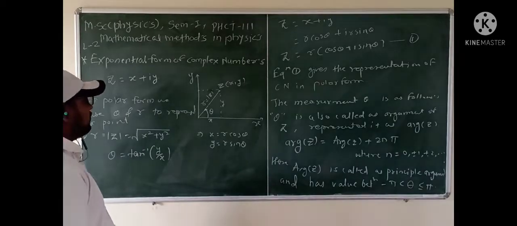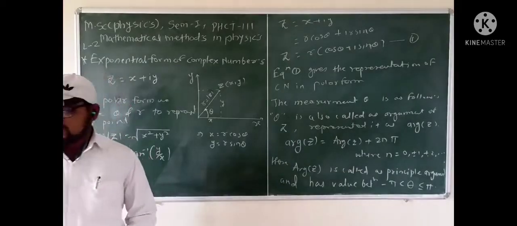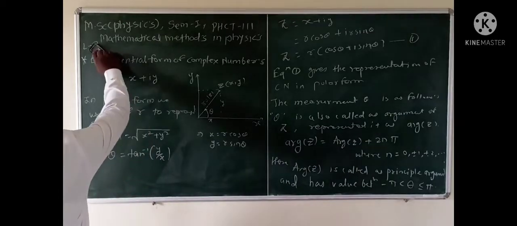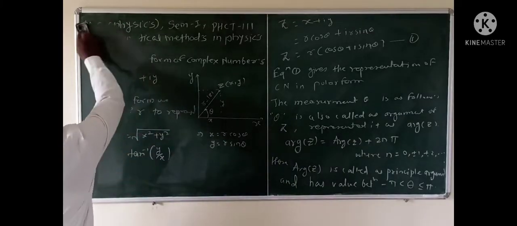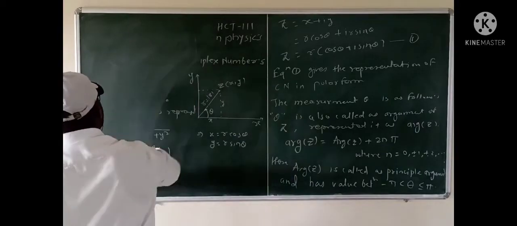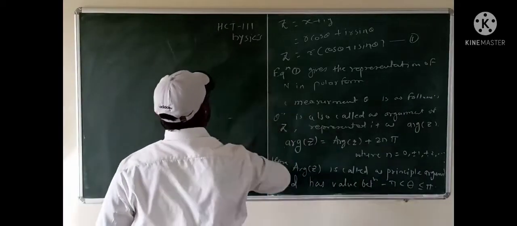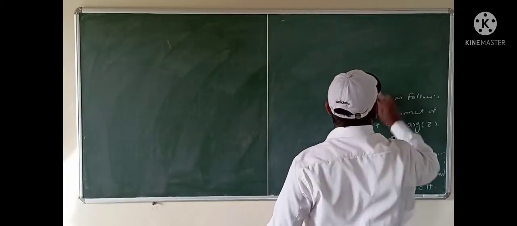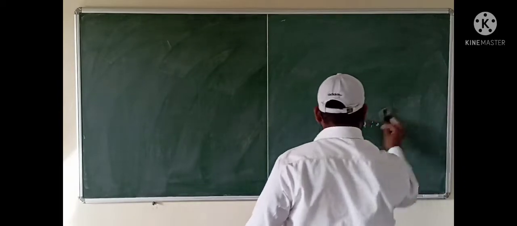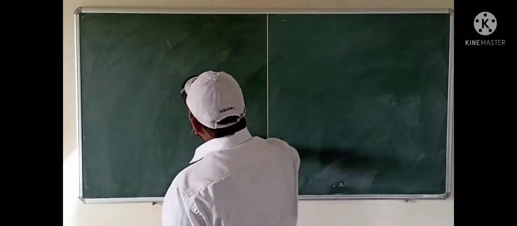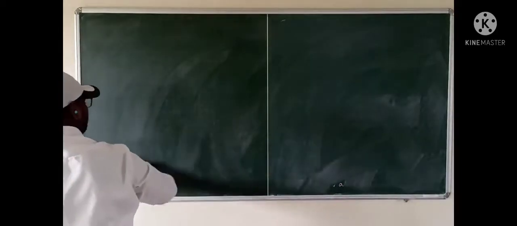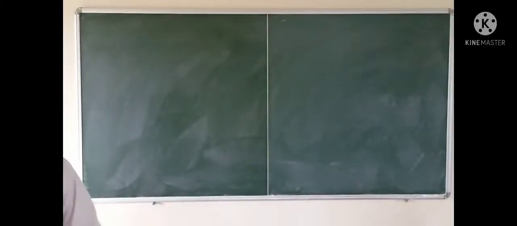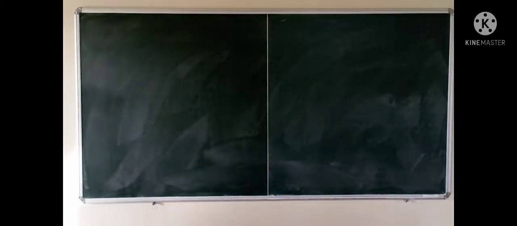This is all about the polar form of a complex number. Now we will take some examples of this. Okay, now let's take an example.